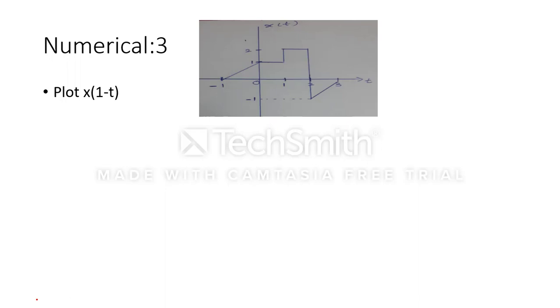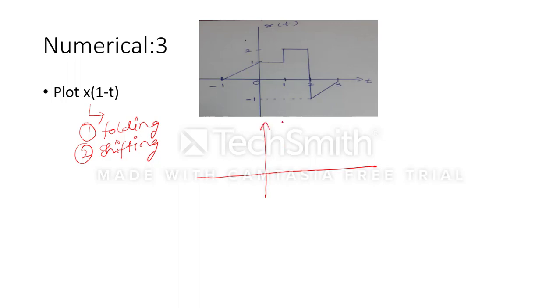Now the next question is based on a continuous time signal, and we have to plot x of 1 minus t. If you remember, this signal consists of two operations. First is the folding operation and second is shifting. So our x of minus t will look like the mirror image.